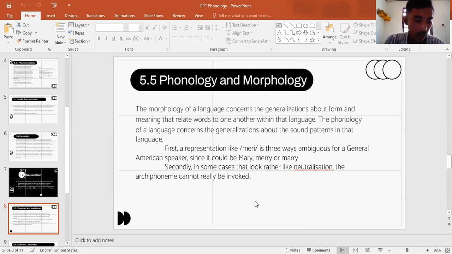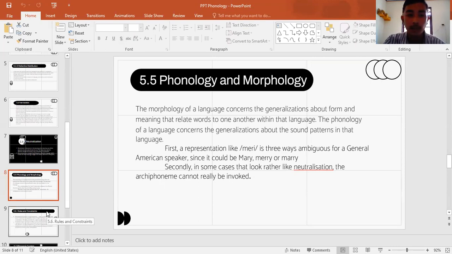In caps, shapes, where the final sound in the stem is voiceless, the plural suffix is realized as voiceless, as in dogs, heads, pens, flowers, dolls, eyes, where the final sound of the stem is voiced, the plural suffix is also voiced.